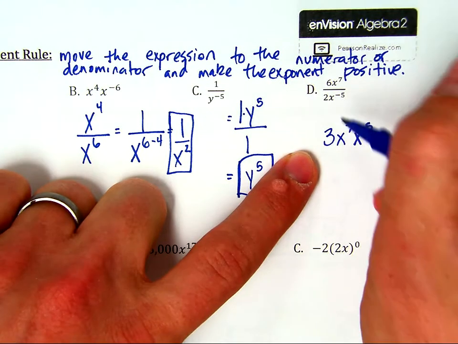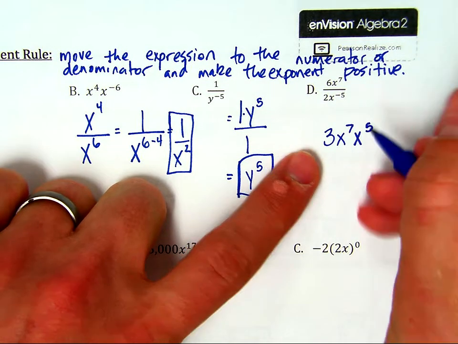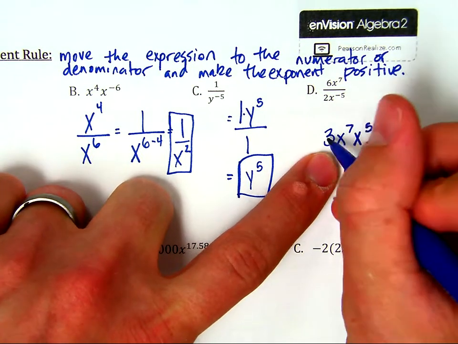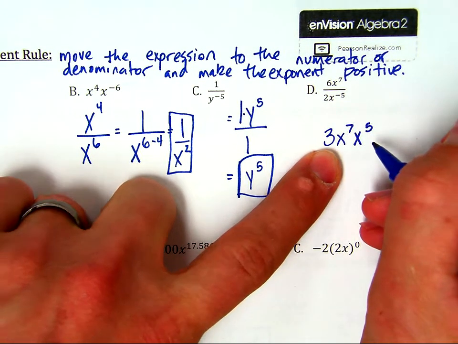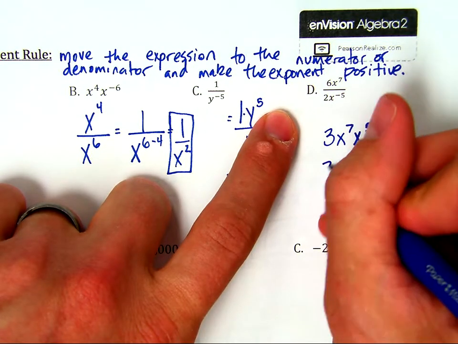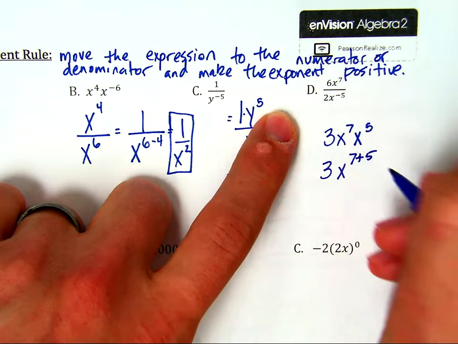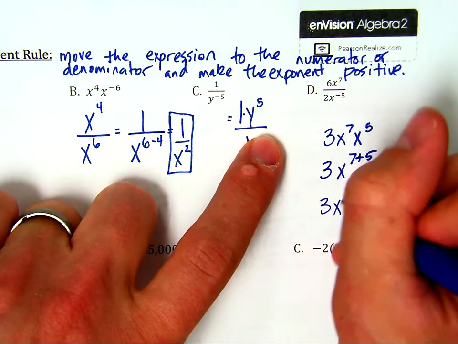We don't have anything left in the denominator, so we don't have to write it. Okay, but from here, all three of these expressions we are multiplying. But these two exponential expressions have the same base, so we can add the exponents. So we end up with 3x to the 12th.